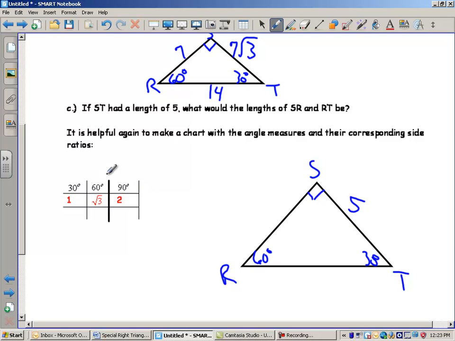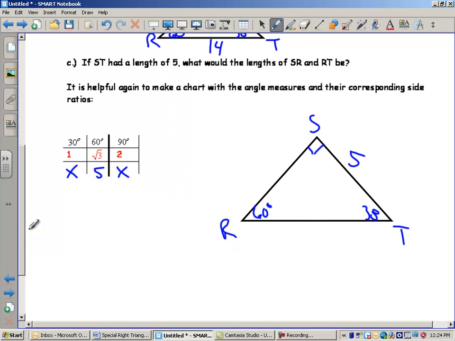So I'm going to use a ratio to solve this. The side across from the 60 used to have a square root of 3 on it, but mine really has a 5. And we want to find out what about the side across from the 30 and what about the side across from the 90 degree angle. So let's do that proportion here.